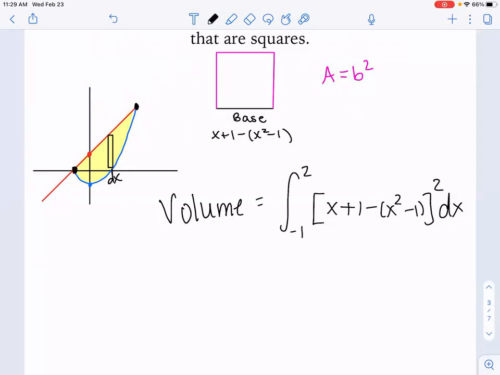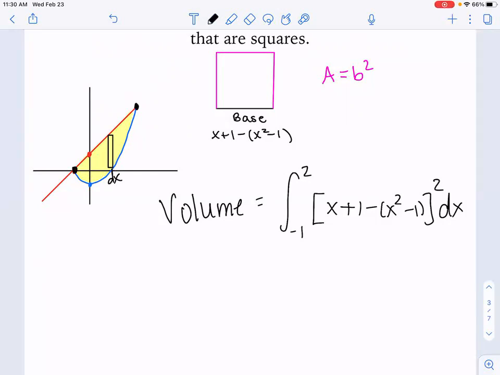I do love math 9. It does not need a pi out front.